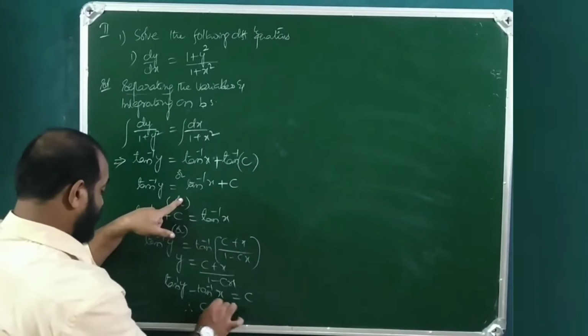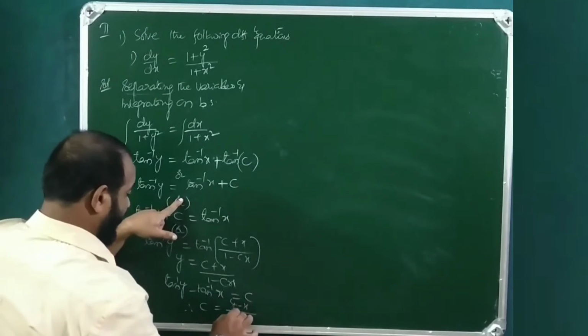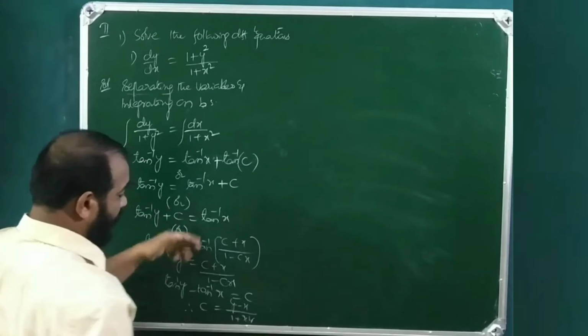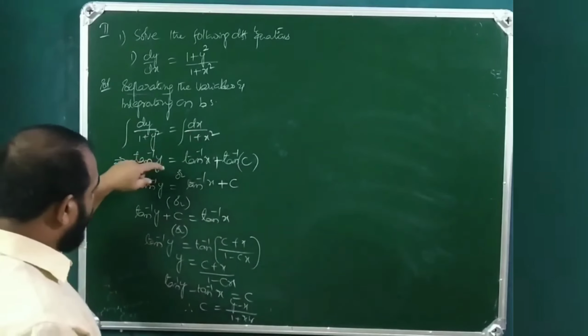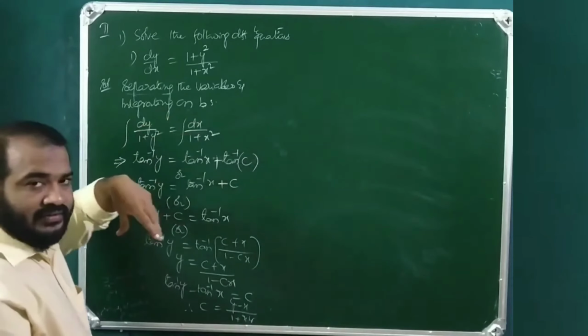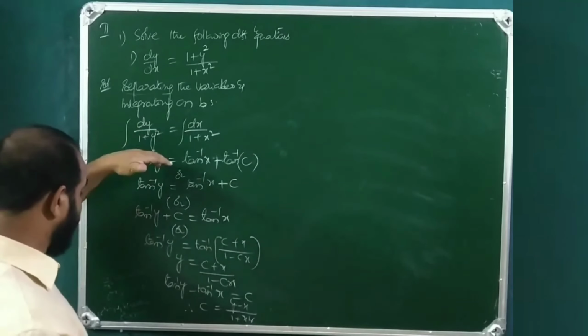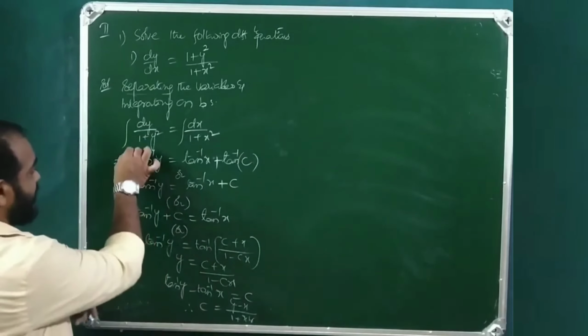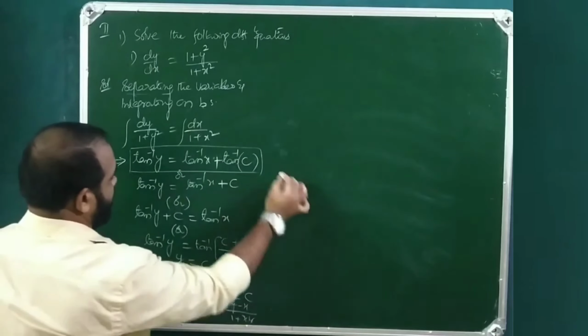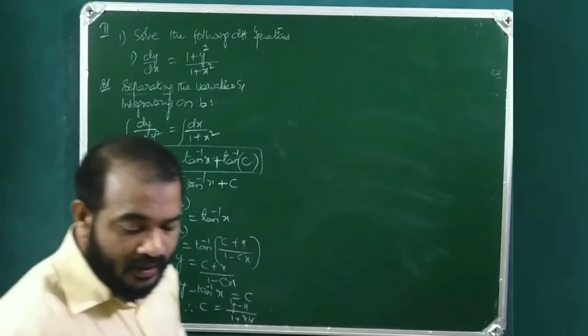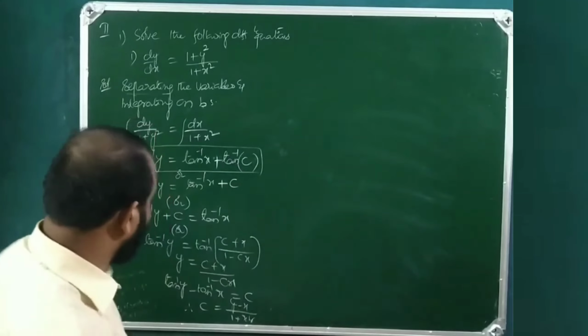Therefore c equals y minus x by 1 plus xy. Here for the same question we got different answers, but this is the textbook answer, so you may adopt any one of these.